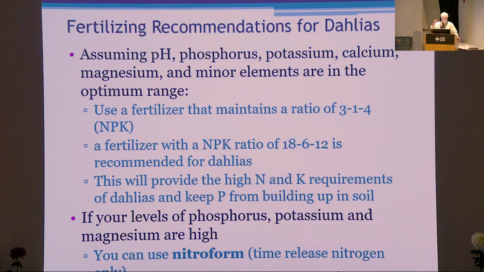And if you look at the soil tests, you'll see that those numbers do start to come down because the plants are pulling it out of the soil and using it, and you're just not continuing to add it. But if the levels of those compounds are normal, and it'd be unusual if they were, then using that 3 to 1 to 4 will maintain that level in your soil.